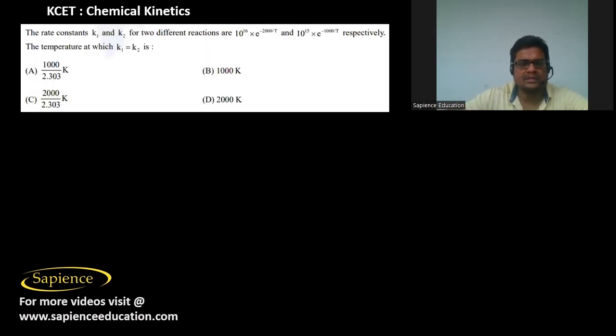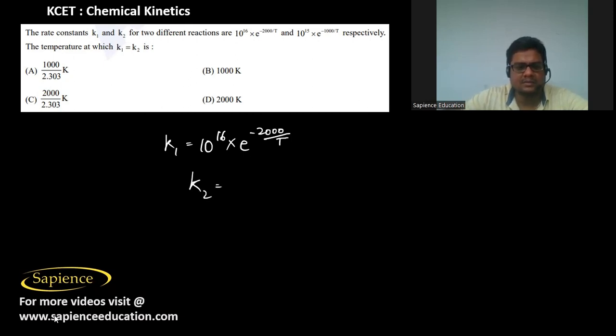Then it is told that the rate constants for two different temperatures are: K1 is 10 power 16 into e power minus 2000 by T, and the second rate constant K2 is 10 power 15 into e power minus 1000 by T respectively.